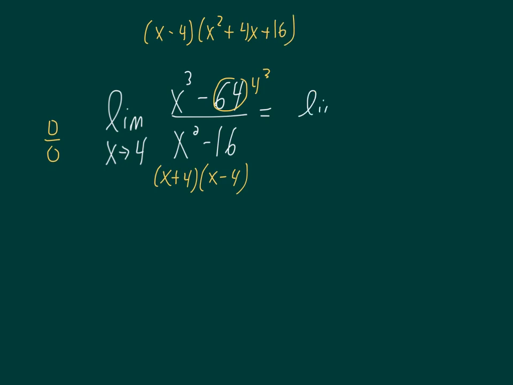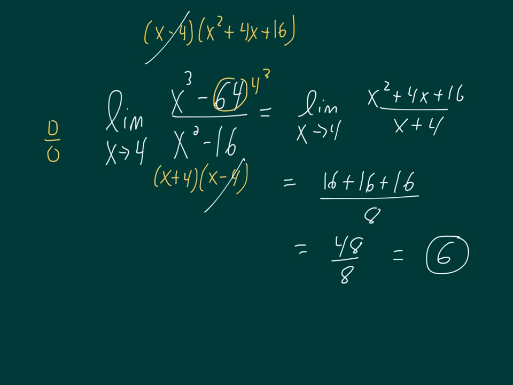Carry along your limit notation as x approaches 4. Notice we have these x minus 4 factors that'll cancel out. We're left with x squared plus 4x plus 16 all over x plus 4. And finally, let's do our direct substitution. If we drop in a 4 everywhere, we get 16 plus 16 plus 16 all over 8. When we clean that up, we get a final answer of 6.